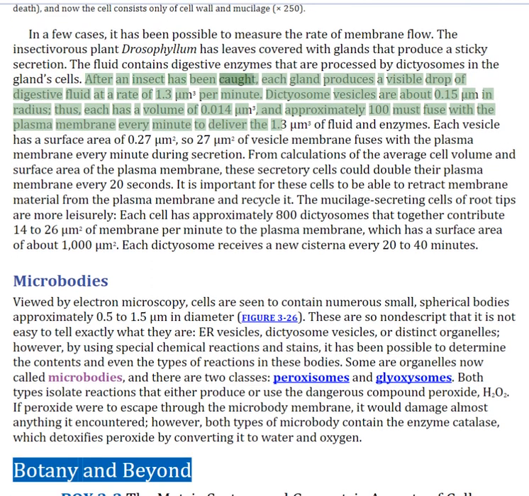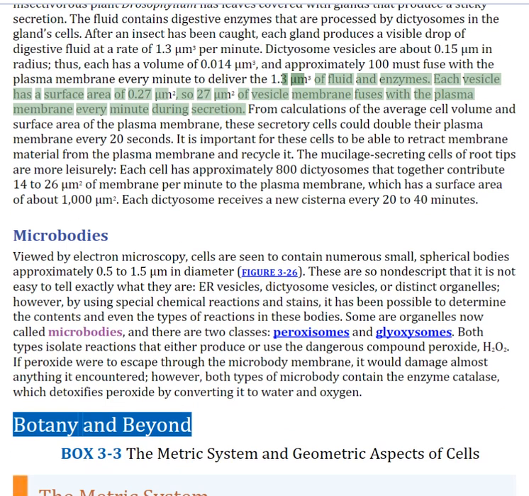After an insect has been caught, each gland produces a visible drop of digestive fluid at a rate of 1.3 micrometers per minute. Dictyosome vesicles are about 0.15 micrometers in radius, thus each has a volume of 0.014 micrometers, and approximately 100 must fuse with the plasma membrane every minute to deliver the 1.3 micrometers of fluid and enzymes.